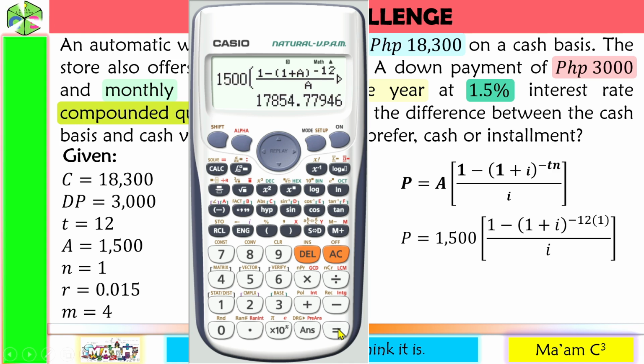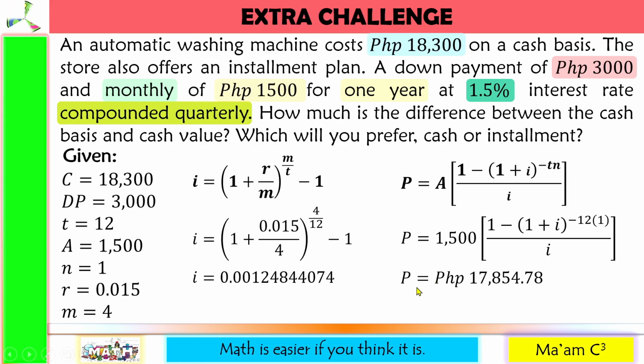So we have 17,854.78. That is just the present value. But we are asked for the cash value. If you can still remember from our previous lesson, cash value is equal to the down payment plus the principal value.